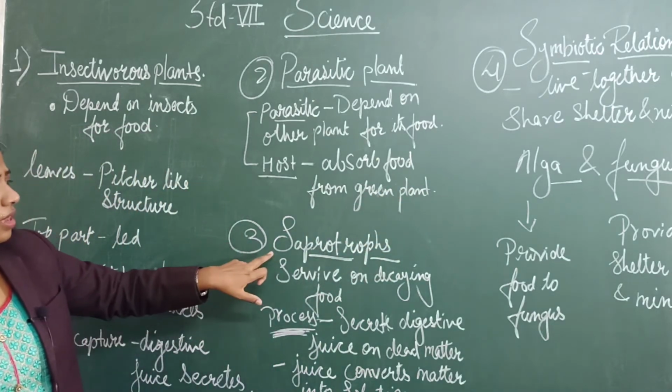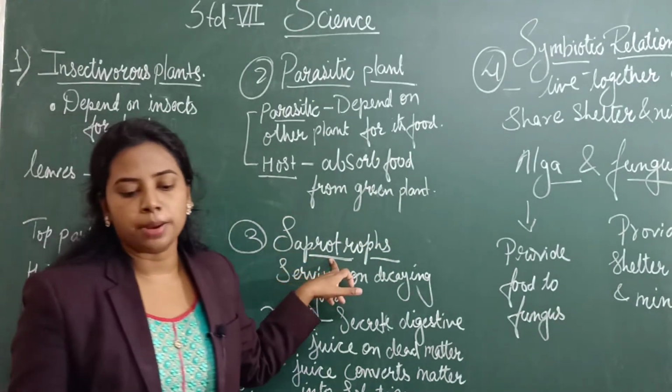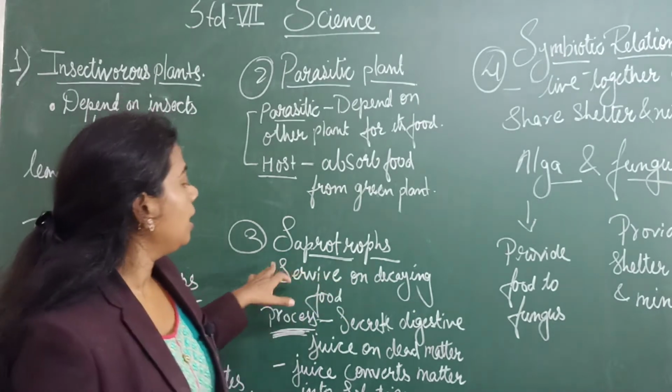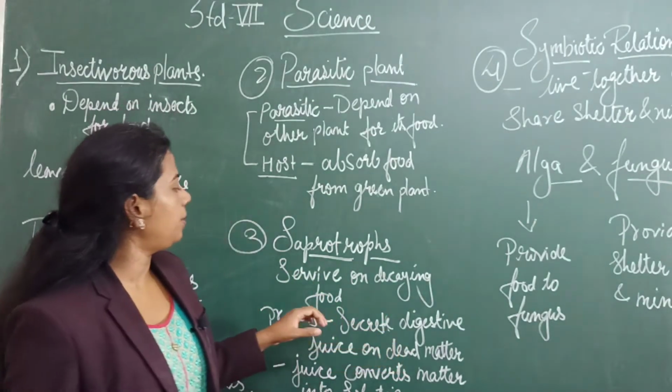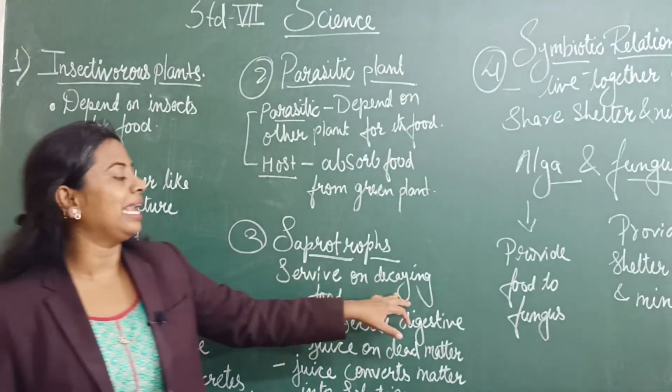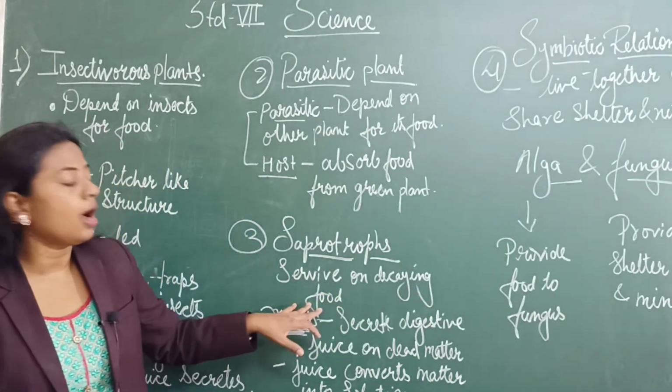Next, coming to the saprotrophic plant. A picture of a mushroom is given. It is a non-green plant that survives on decaying food. How does it survive?